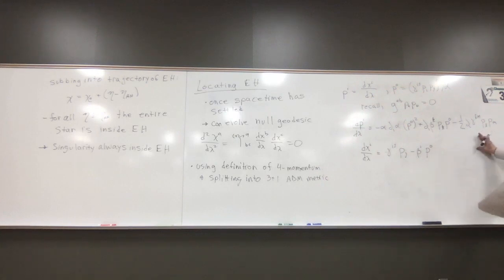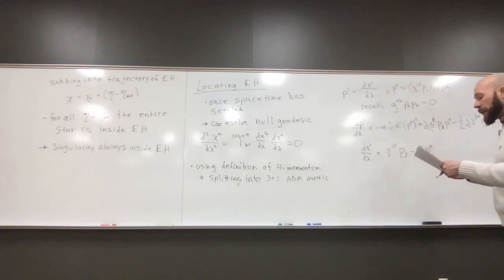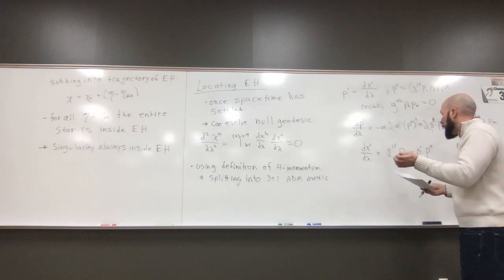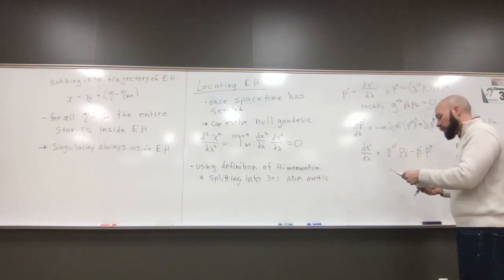Okay, so now these are first order ODEs. I can solve these. The method you would use is to select some events, x^a, and integrate from there in random directions, p_i, and find the ones that can't escape. This is a numerical procedure, right?